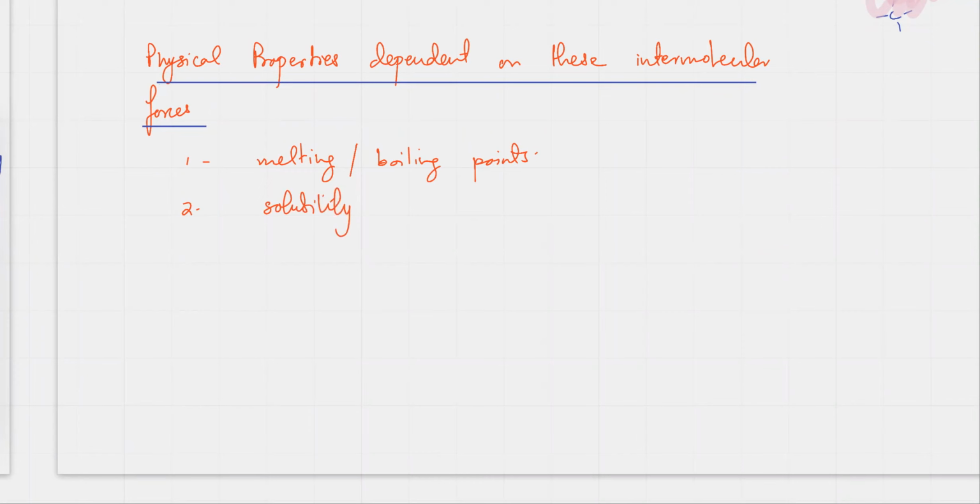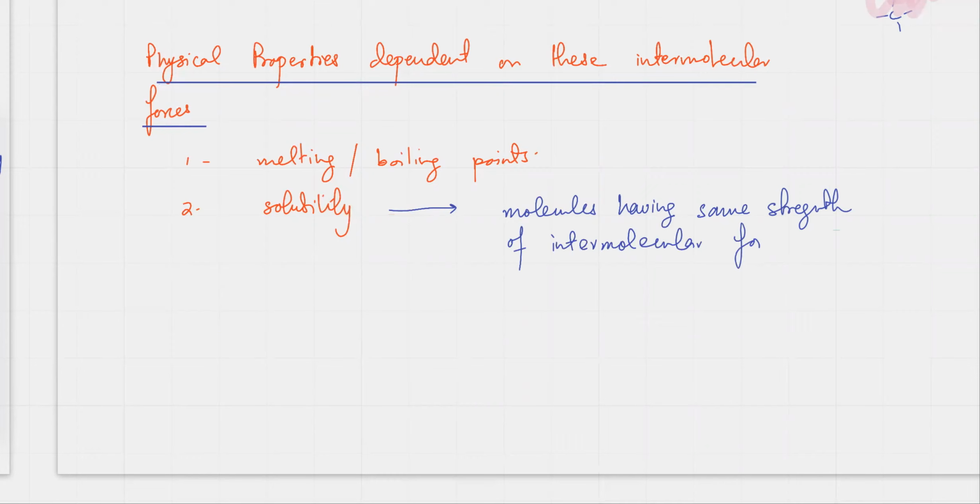Now, the rule is that molecules having the same type of intermolecular forces are soluble. Or you can say molecules having the same strength of intermolecular forces are going to mix or dissolve in each other, and they're going to be soluble in each other.